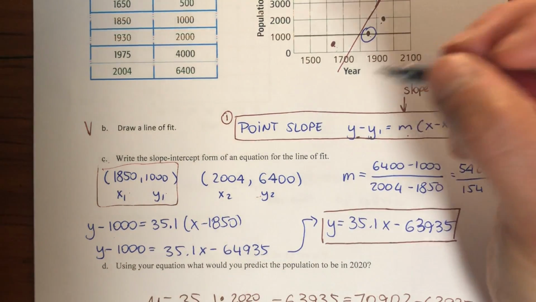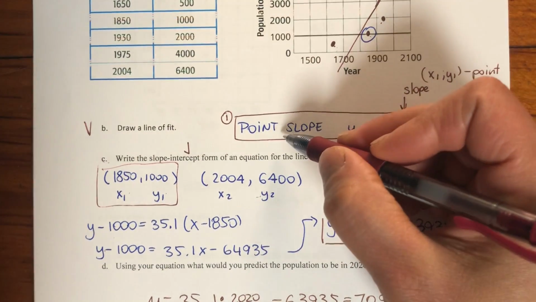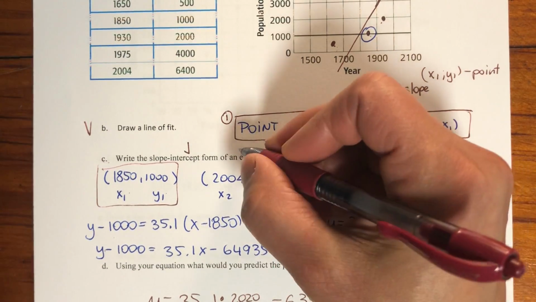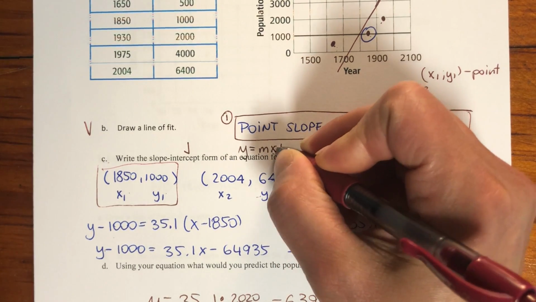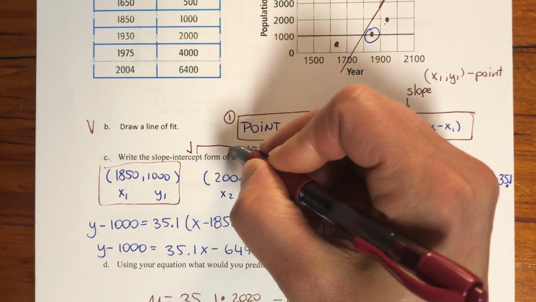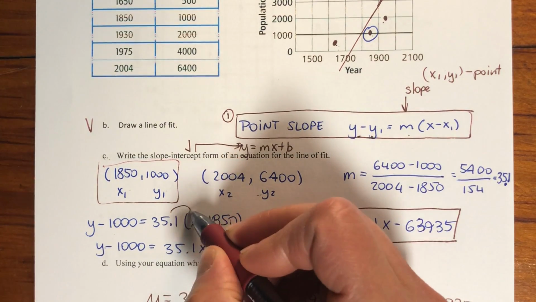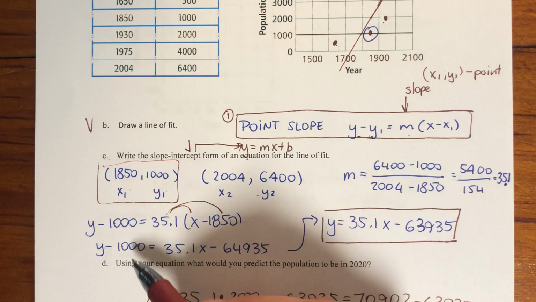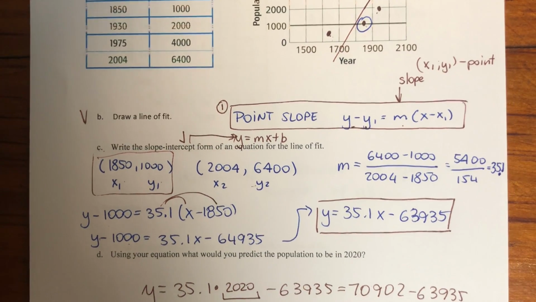Now this is asking us about the slope-intercept form. Notice this is point-slope. Slope-intercept form would be y is equal to mx plus b. So what we need to do is clean this equation up. We need to distribute and then move 1000 to the other side, which I did.